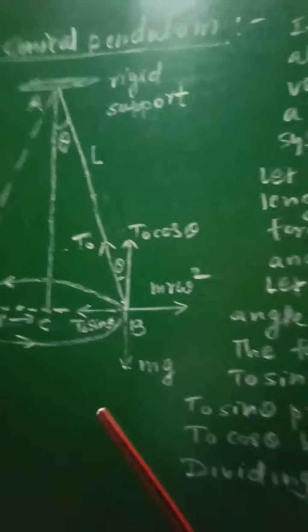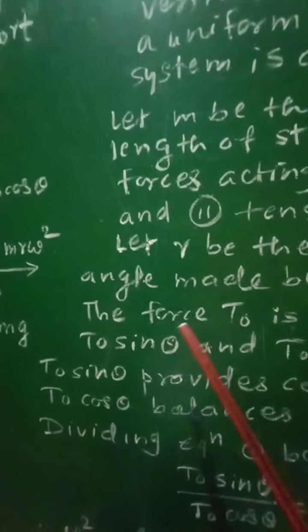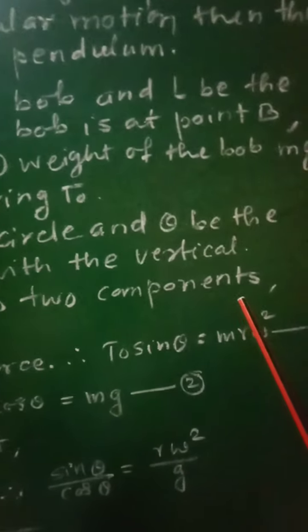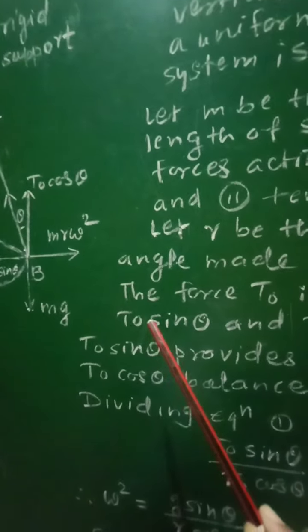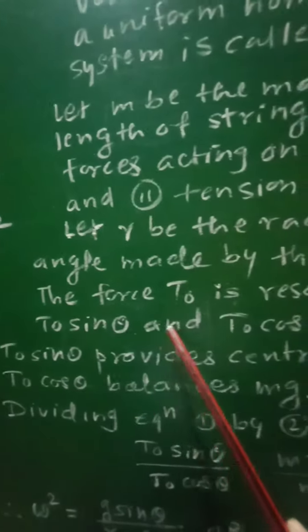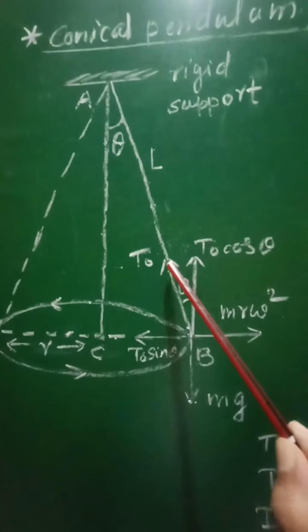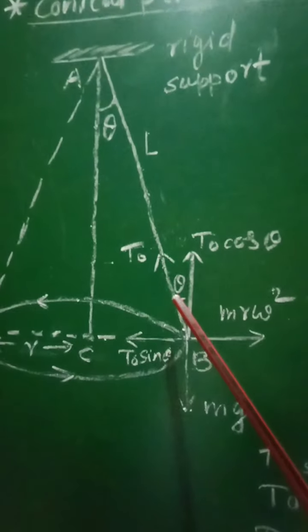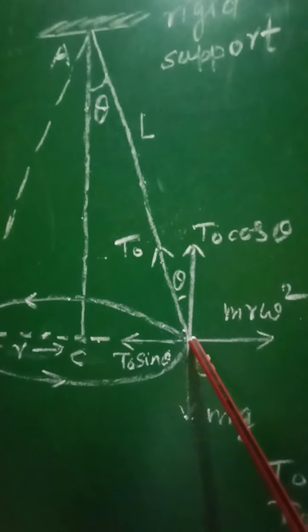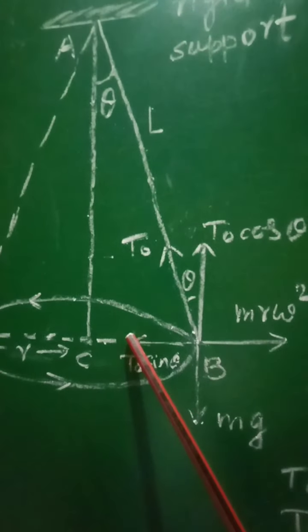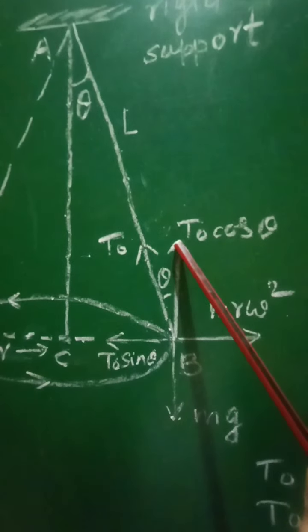Now the force T0 acting along the length of the string is resolved into two components, such as T0 sin theta and T0 cos theta. So this T0 will be resolved into two perpendicular components, T0 sin theta and T0 cos theta.